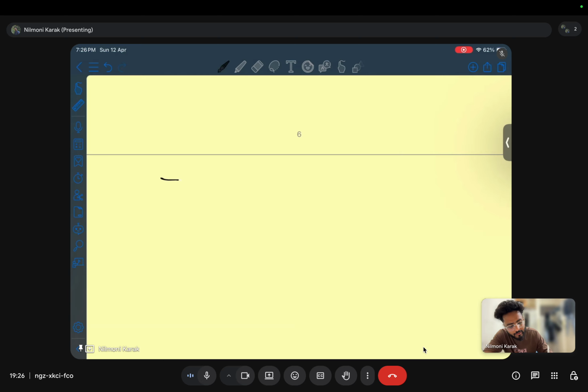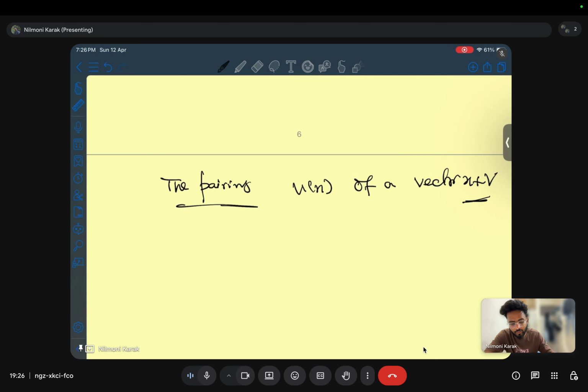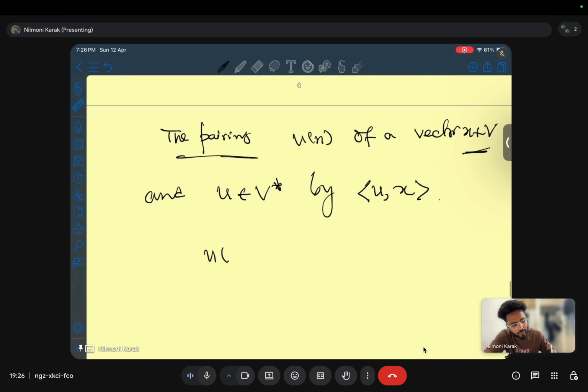So the pairing: u(x) for a vector x belonging to V, where V is any vector space, and u belongs to V star, the dual space. So basically we do the pairing like this.